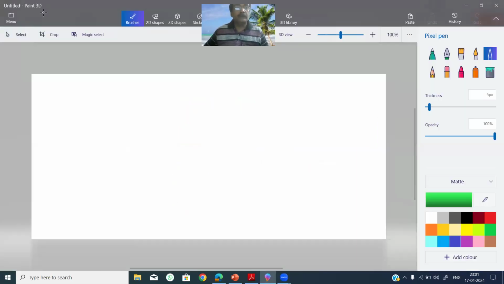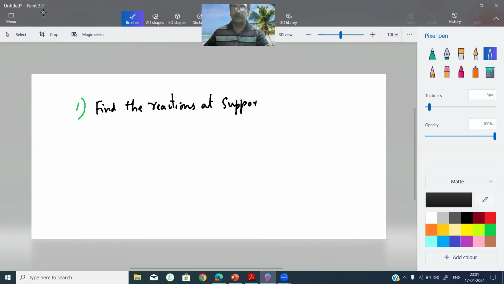Okay, now we are opening another thing. The first step is, what you need to do, find the reactions at supports. So the first step in doing the problem is to find the support reactions.